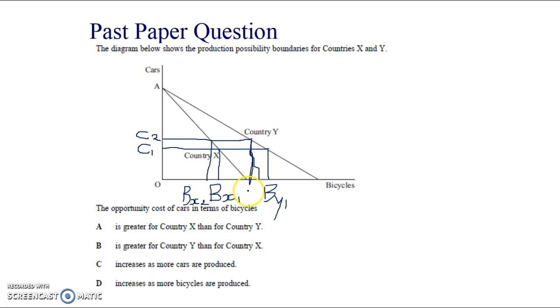Oh, I'm having problems with my mouse today. You can see that it's a bigger gap there though. So the opportunity cost is greater for country Y. They have to give up more bicycles to produce one extra car there. So that's how you answer those questions. Get your pencil out and start drawing onto those diagrams to make it visually easier for yourself to see.